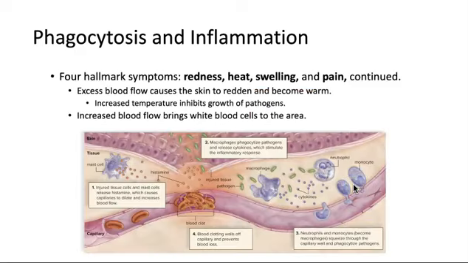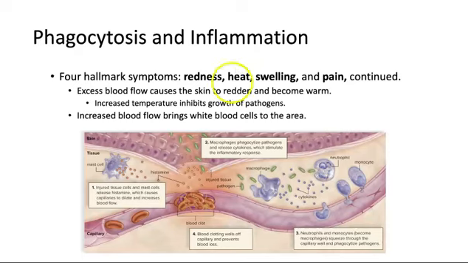So let's talk about these hallmark symptoms. We, like I said, are going to vasodilate our blood vessel, and that is going to increase our blood flow to this area. And because we have increased blood flow, we will see our skin redden and become warm, hence the heat. So it increases the temperature, which helps to inhibit the growth of the pathogens that are present.